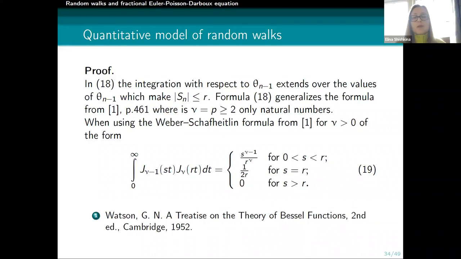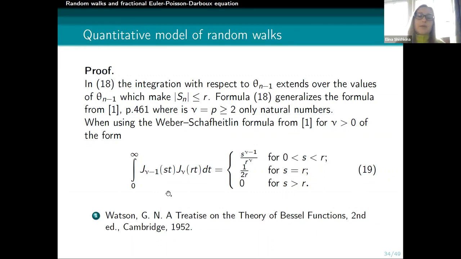But if we use the Weber-Schafheitlin formula, probably very well known, probably not very well known, but it was presented in Watson's book, and such a formula was also considered by Alexander von Stein.